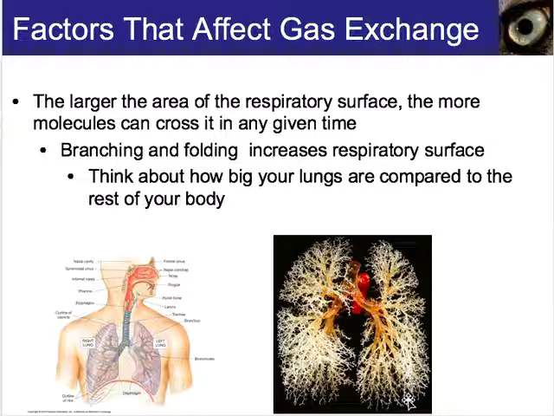And so this branching and folding is going to increase the surface area for oxygen to cross into your bloodstream and for CO2 to leave your bloodstream. Just think about how big your lungs are compared to the rest of your body. They take up a huge part of your body because your body needs that much oxygen and also needs to release all the CO2 and waste out of the blood.